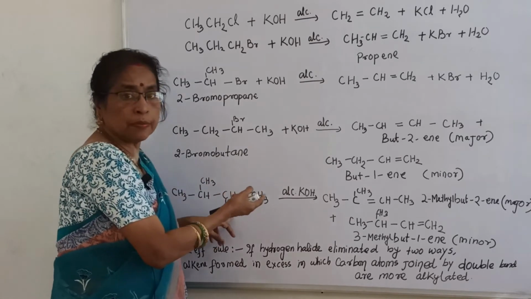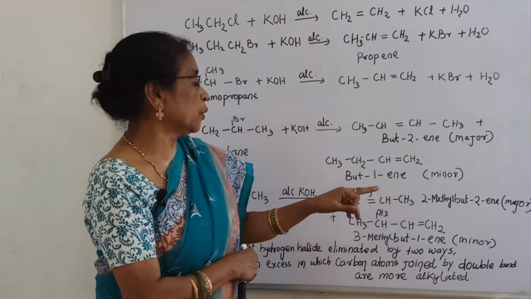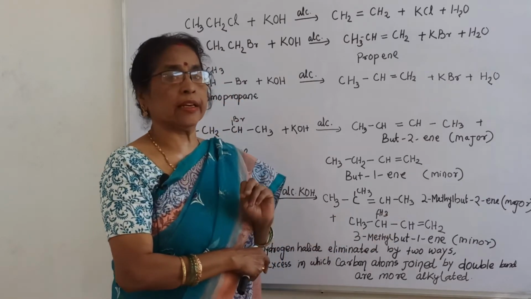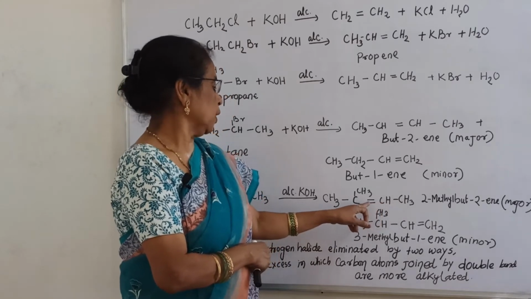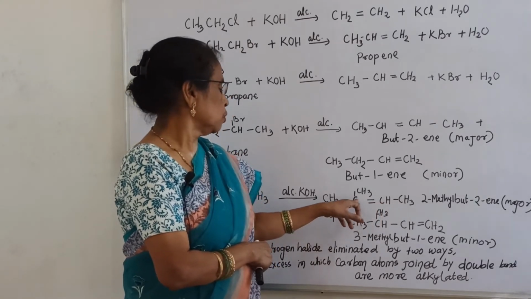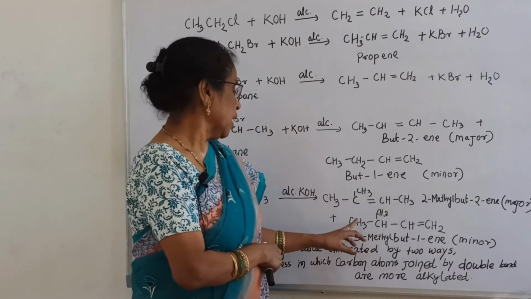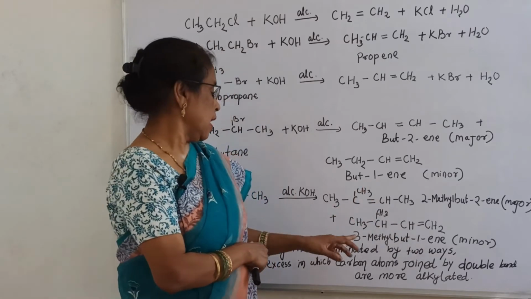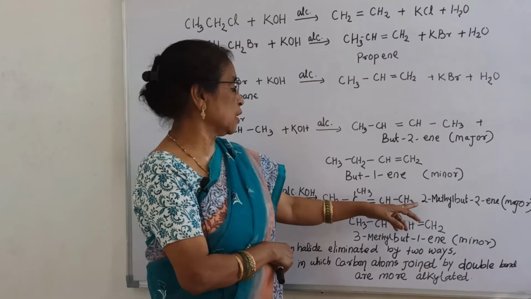That means two types of products are formed. One is 2-methylbut-2-ene and the other is 3-methylbut-1-ene. How can you name it? 1, 2, after 2 there is a double bond, so 2-methylbut-2-ene. Here 1, 2, 3-methyl and but-1-ene, and that is minor, and the other one is major.